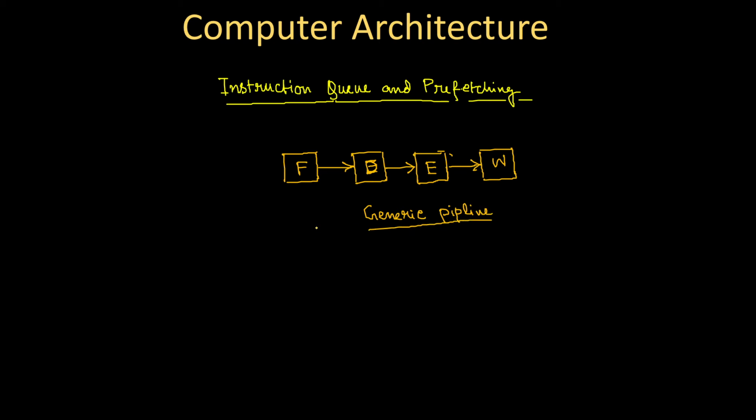Now, in case of instruction queue and prefetching, this diagram will be modified a little bit. I will add some extra hardware in this design. I will keep the stages as they are, but I will add hardware in between the fetch and decode stage. So this is your fetch stage, then a decode stage, then execution stage, and write back stage.